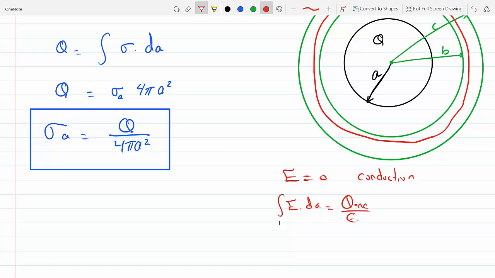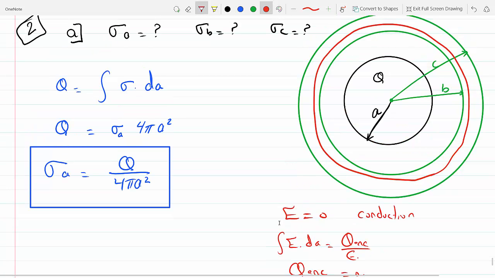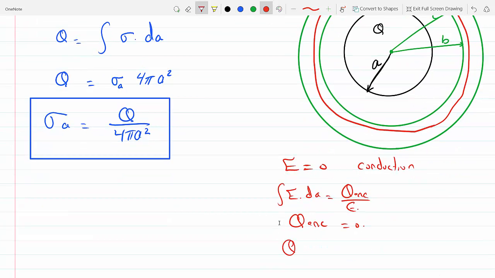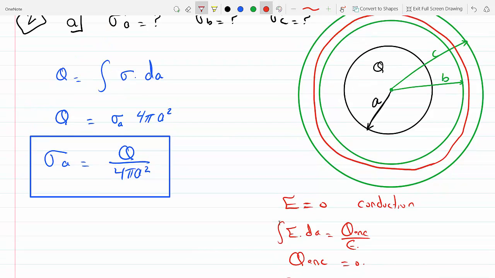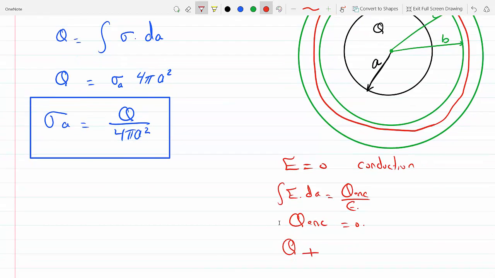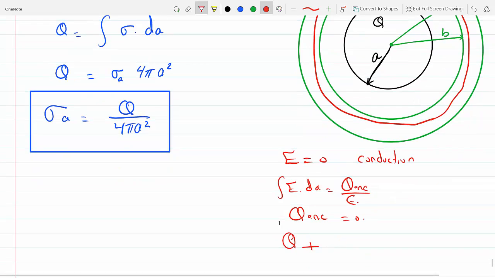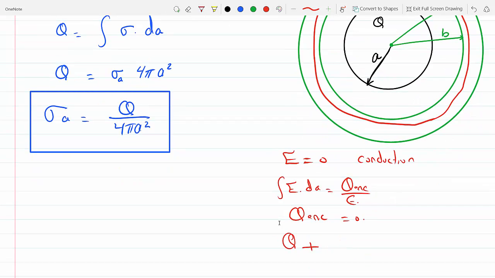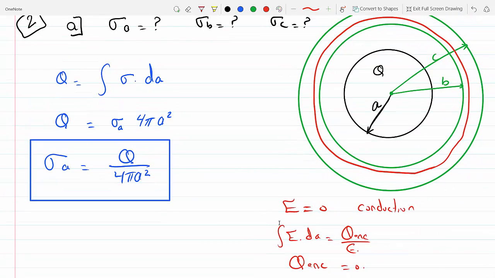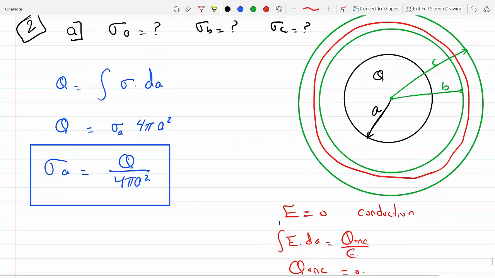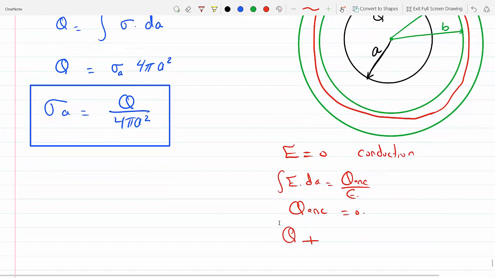So for E to be 0, Q enclosed has to be 0, which means Q, which is on the black sphere, plus the unknown Q that is on the internal side of the shell has to equate to 0, meaning the charge on B has to equal minus Q.